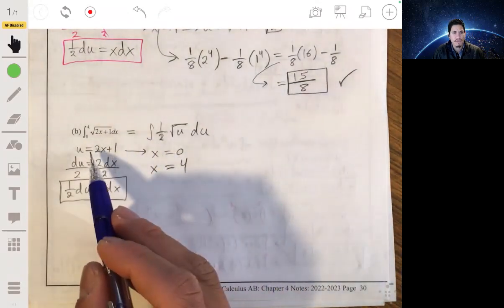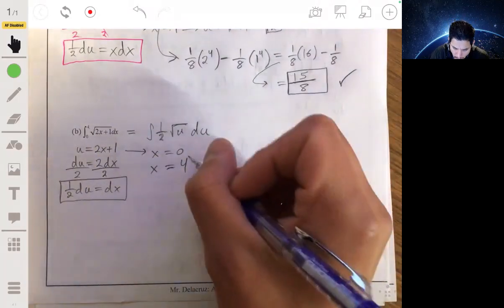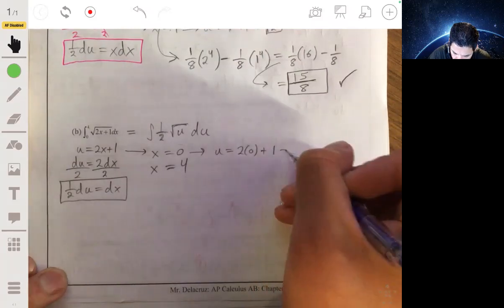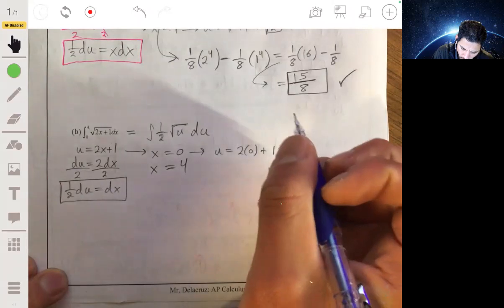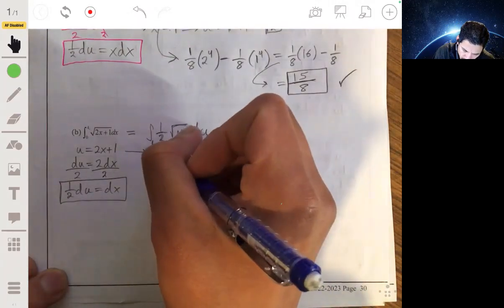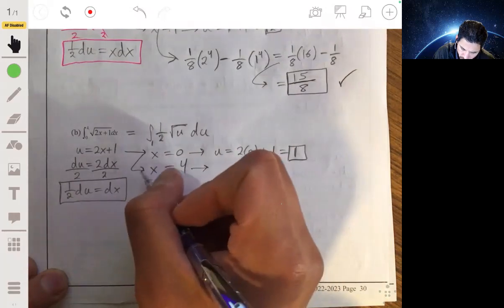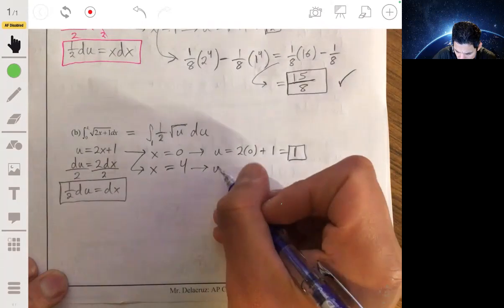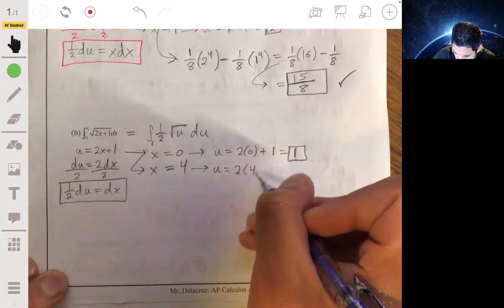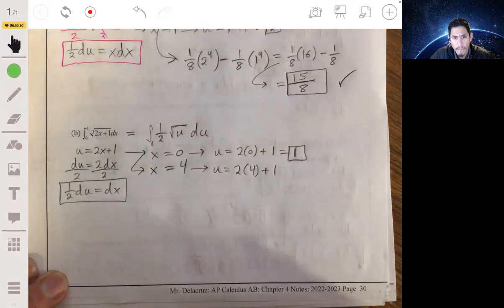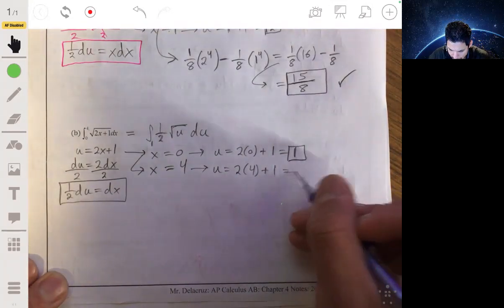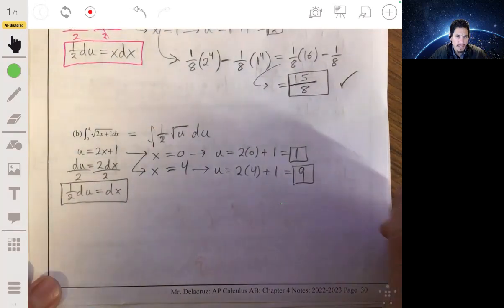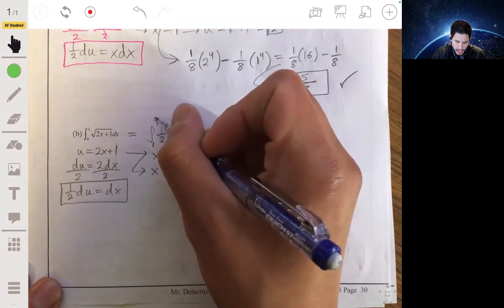So when x is 0, using this formula, u equals 2x plus 1, that means u will be 2 times 0 plus 1, or u will just be 1. So the bottom becomes 1. And then when x is 4, u will be equal to 2 times 4 plus 1, which will be 9. And then the top endpoint will be 9.